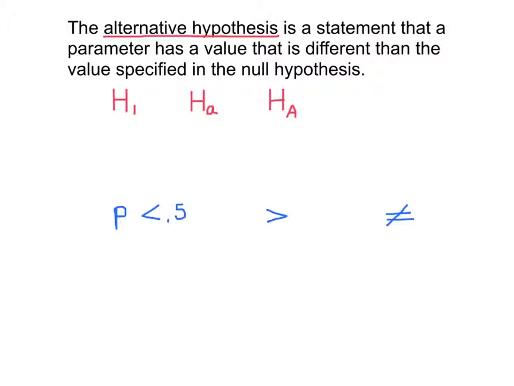Or we could say that our population proportion is greater than 0.5. Or that our population proportion is not equal to 0.5. So these are different possibilities for our alternative hypotheses.